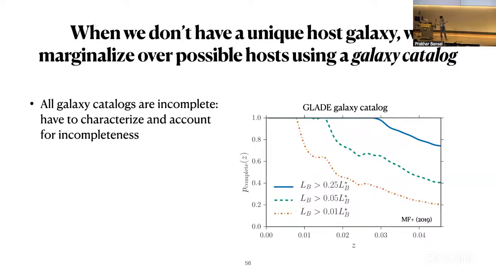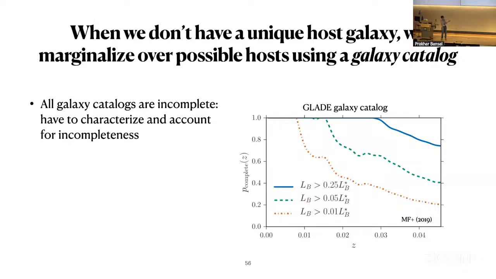If you have a relatively high luminosity threshold, where you only care about galaxies brighter than 0.25 L star in the B band, then you're going to be pretty complete. These are really, really low redshifts, right? That's because this event was very close by. So that gives us the redshift range we care about.